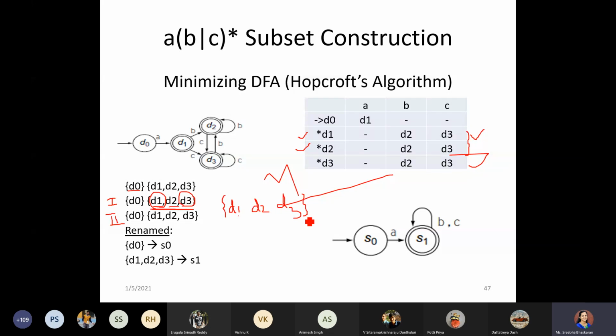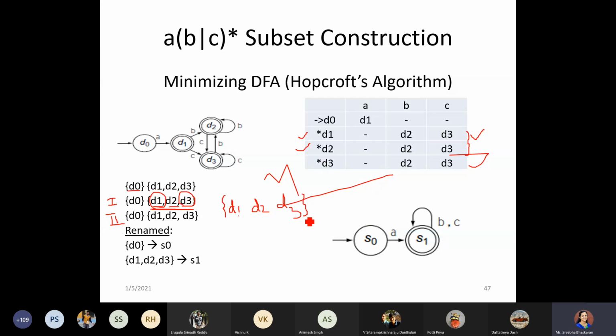From D0, which is now S0, it's considered to be the initial state. With respect to A transition, we would be reaching D1. Now D1, D2, D3 are renamed to be S1, and all three states belong to the same group, so I can represent all three as a single state, which is S1.